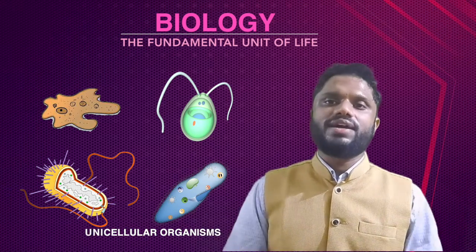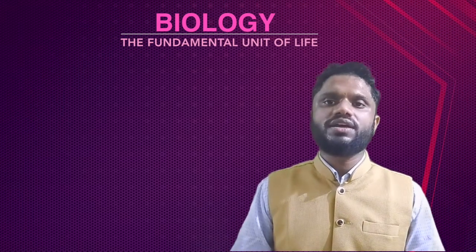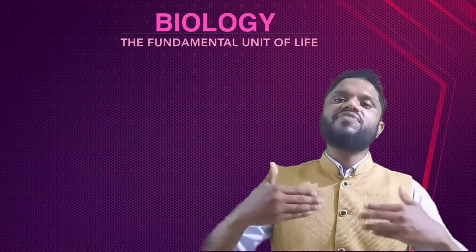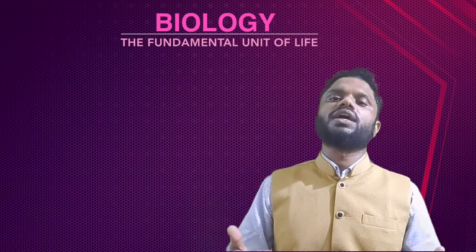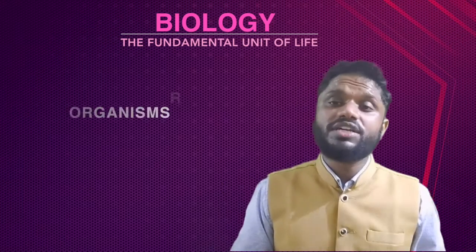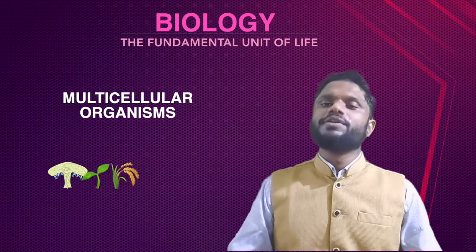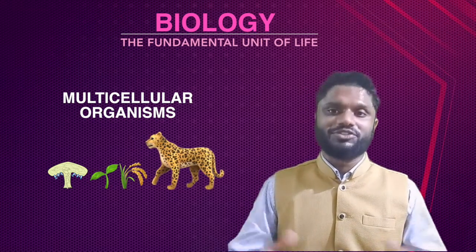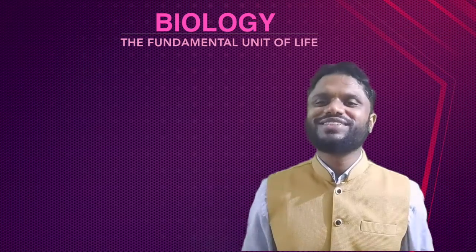On the other hand, many cell groups together in a single body and assume different functions in it to form various parts in multicellular organisms. Multi means many, such as some fungi, plants, and animals. Can we find out names of some more unicellular organisms?